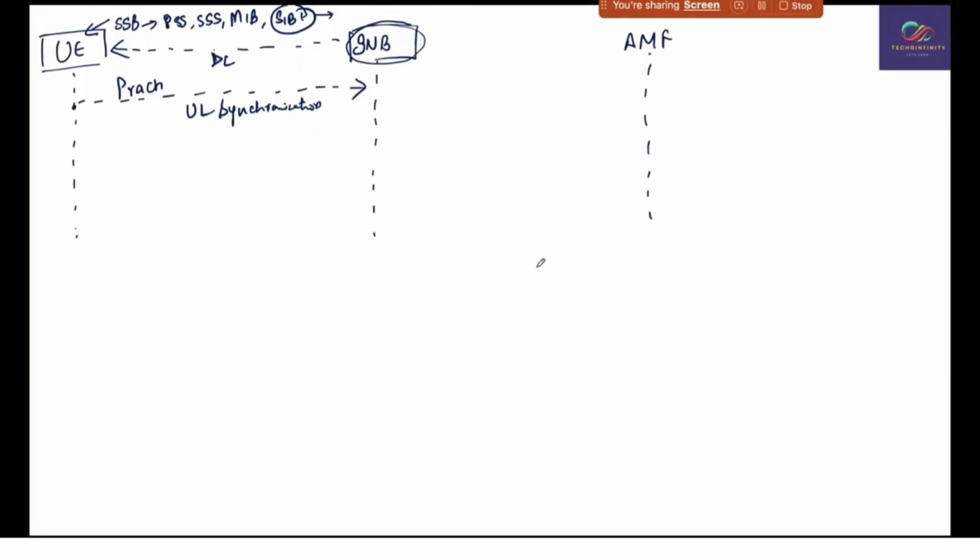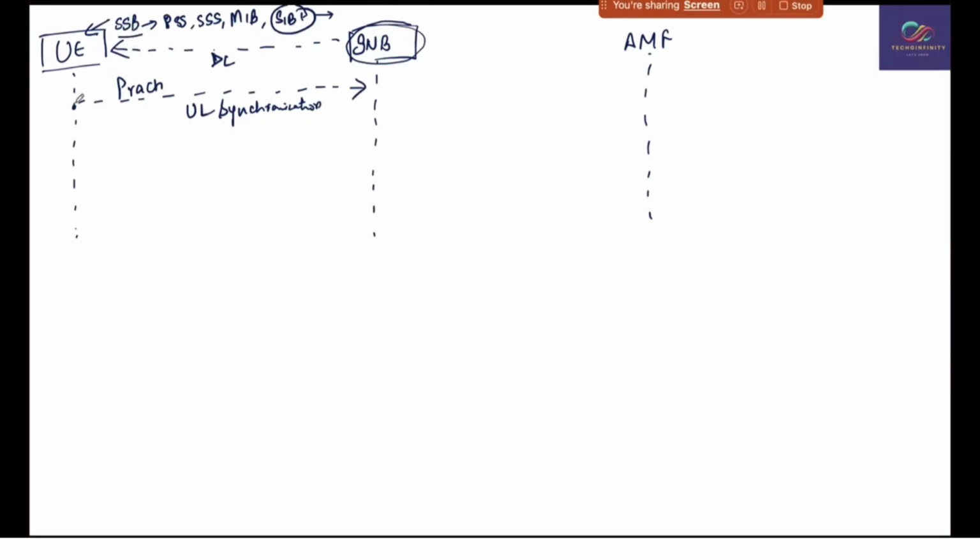So when you are powering on your UE, you are getting your downlink synchronization channels decoded, as scanning is being done at the UE side. You are decoding your SSB as per the band which you are getting, maybe N2, N78 or whatever. You have to scan it.